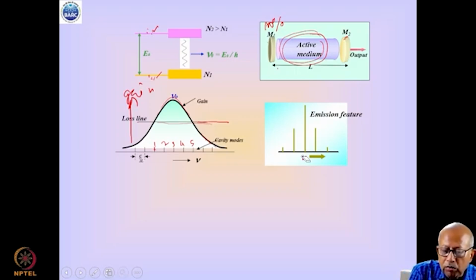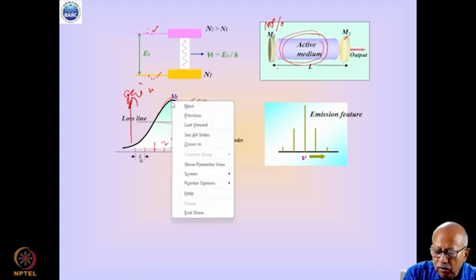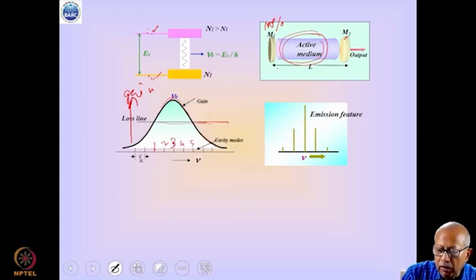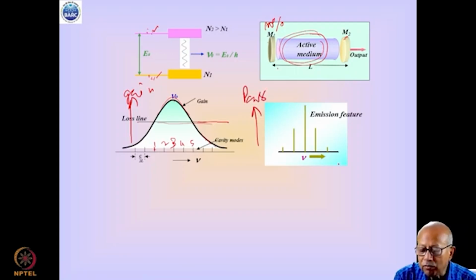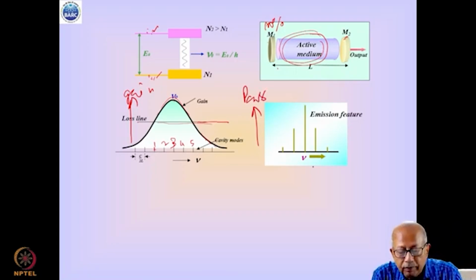The mode, in this case, this mode which is indicated by 3, has the highest gain, and therefore this also provides higher output. Say we plot the intensity or power of the laser as a function of frequency.